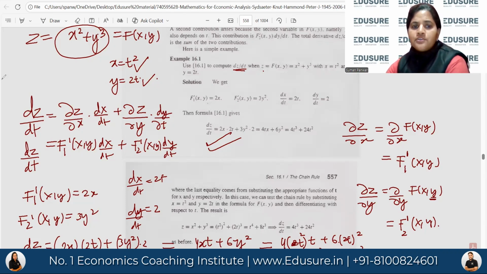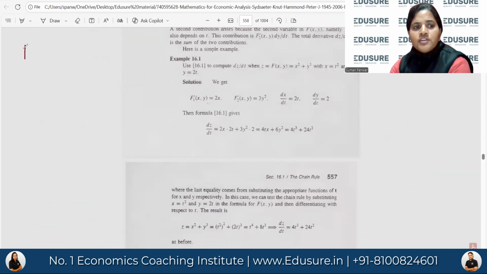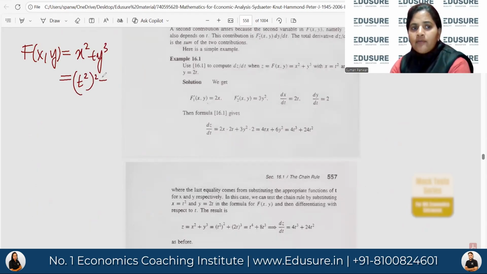So let me try to substitute also and see. What was my f(x,y)? My f(x,y) was x square y cube. Now what is my x square? T square whole square. What is my y cube? 2t whole cube. So I am substituting t square and 2t. So this is t4, and this is 8t cube.